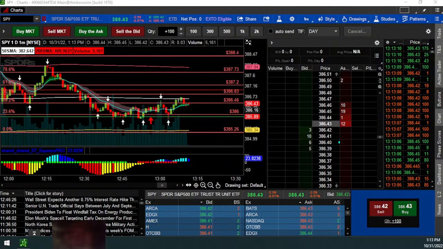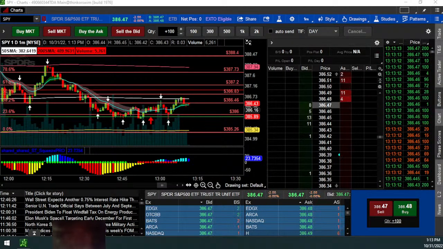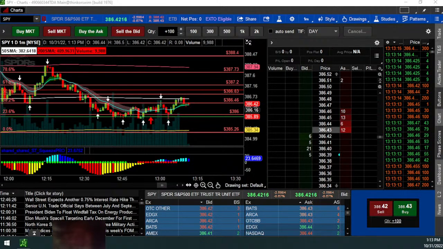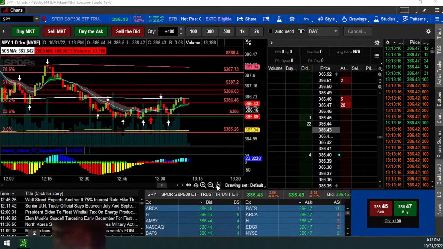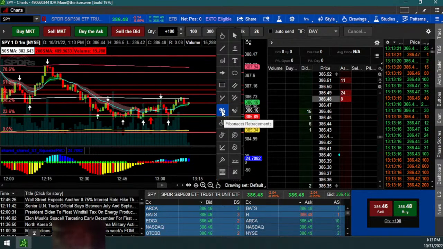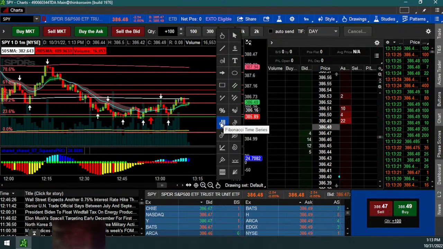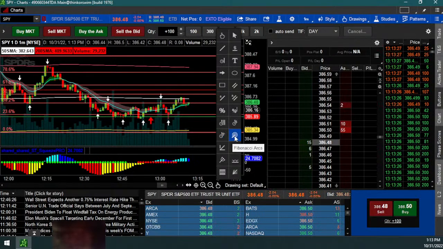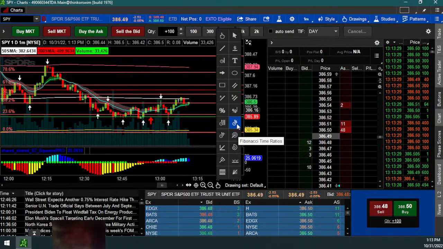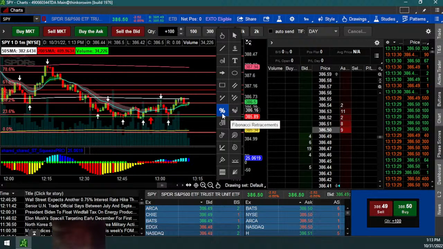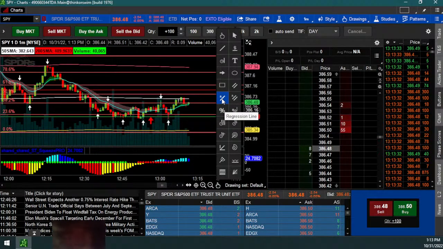It's not very difficult. Actually, when you go into here, right there where my mouse is, and you go here, you set the fib there. You see it says Fibonacci retracements. This is Fibonacci time series, which I don't use. Time extensions, arcs, ratios, extensions. I only use this one right here. I don't know about the others.